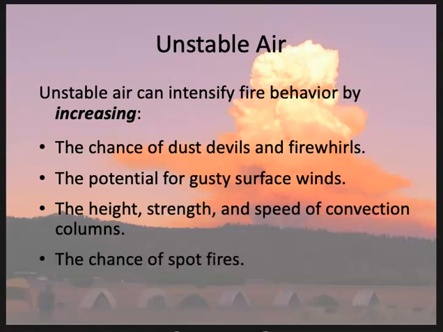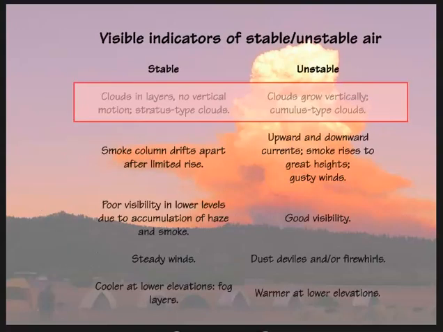And we also have many more spot fires. So here are some visible indicators. If you have a smoke column that drifts apart after limited rise, it's pretty stable air. You're going to have poor visibility in lower levels due to accumulation of haze and smoke.